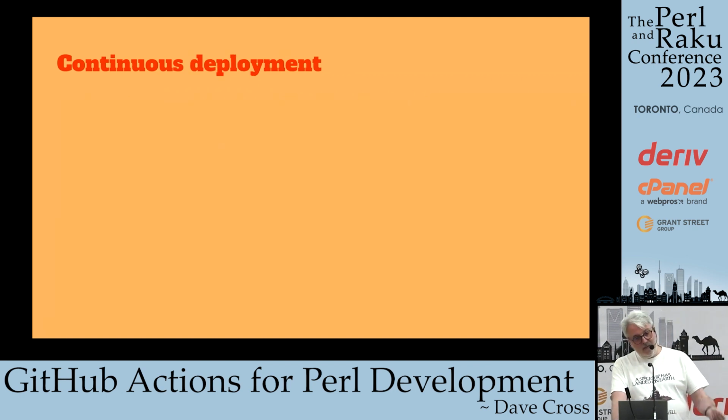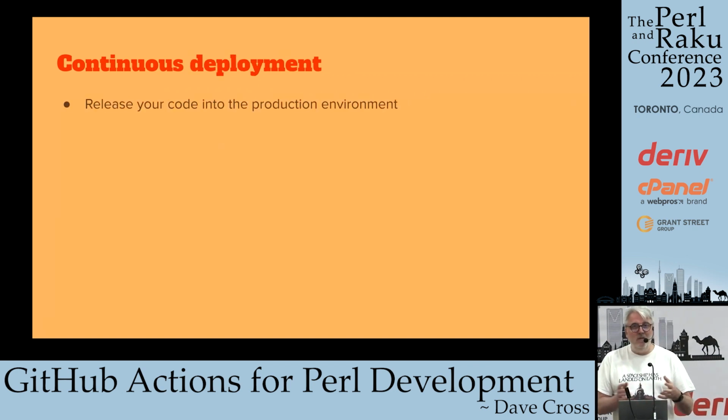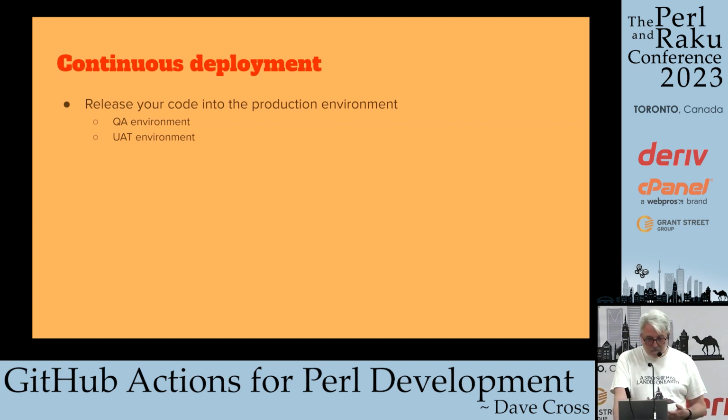The next step on from that is continuous deployment, which is when you automatically release your code into your production environment. Might not be your production environment. Might be releasing it into your QA environment, a UAT environment. But again, the important thing is it happens automatically.